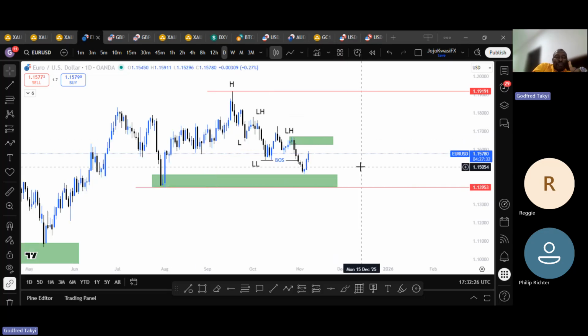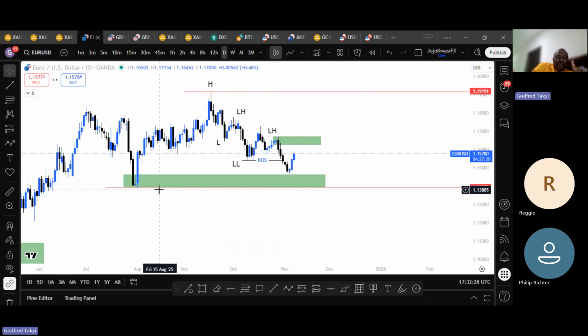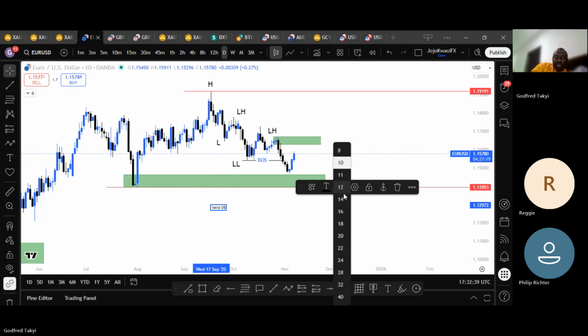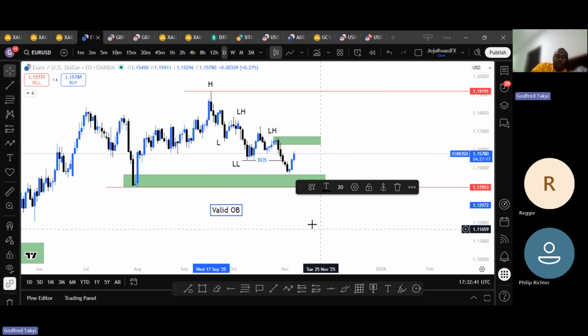So let's go through the parameters of a valid order block. Order block, the short form is OB.